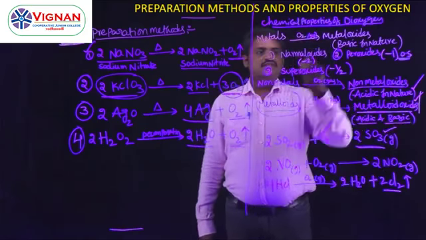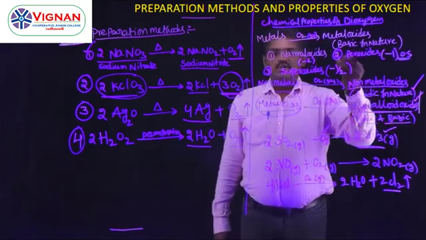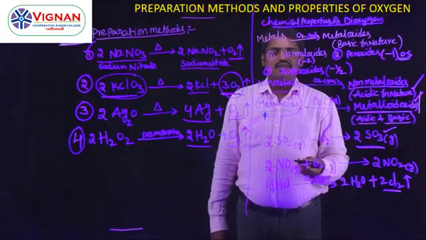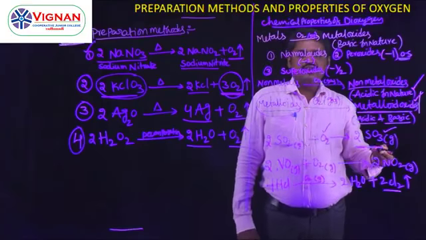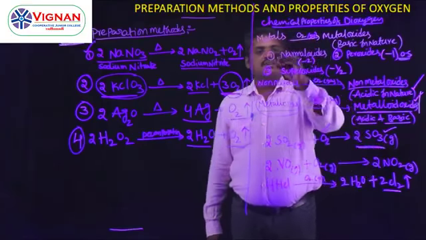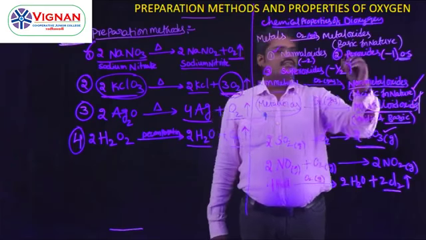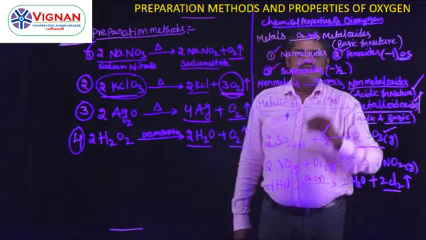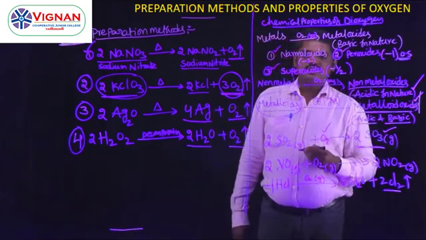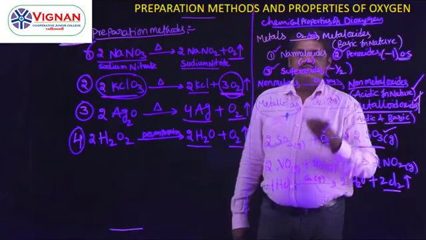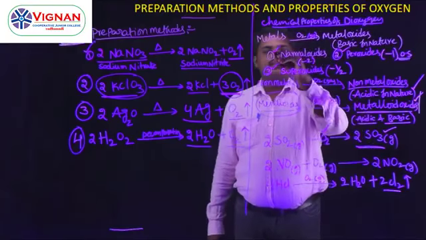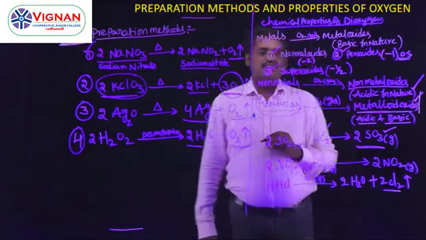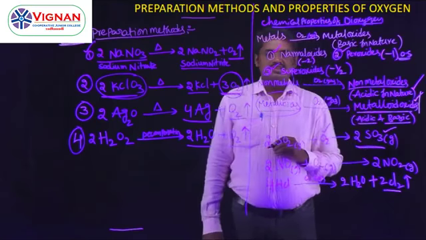And next, an important point: metal oxides are formed in three different forms. First form is normal oxides, second peroxides, and third superoxides. In first A group elements, these are metal oxides, but some of the elements form normal oxides, like lithium reacting with oxygen to produce normal oxides.